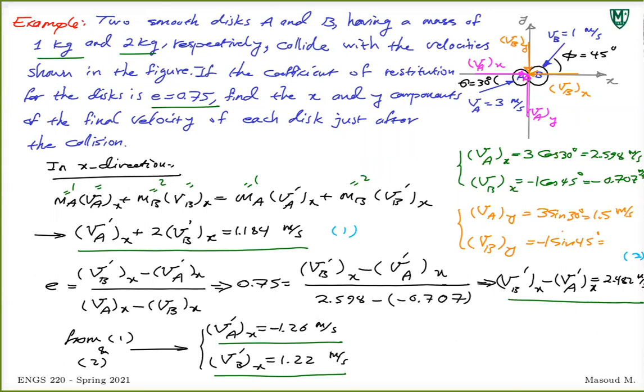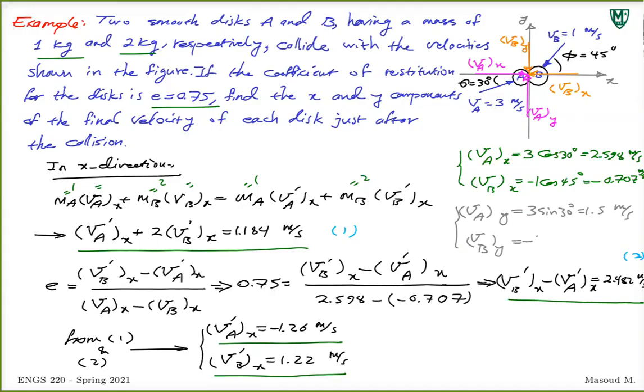This way of choosing colors probably is confusing. I shouldn't have used orange, because I use orange for x and y components, now I'm just representing y. Should have used a different color. So VA in y direction is 3 sine 30 degrees, which becomes 1.5 meter per second.